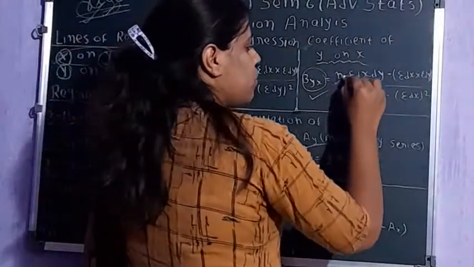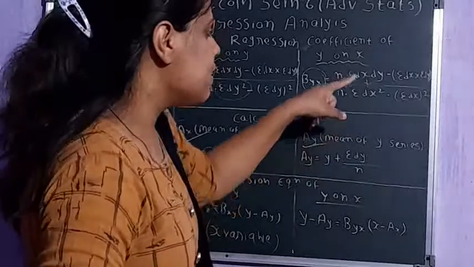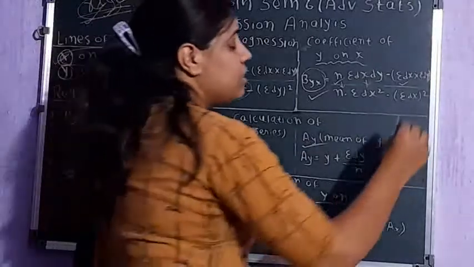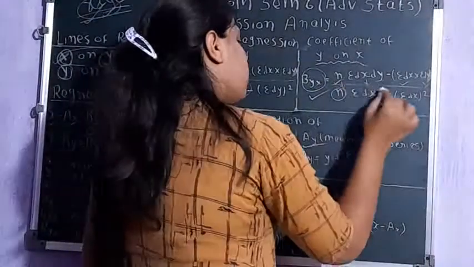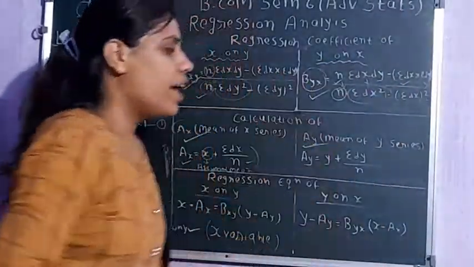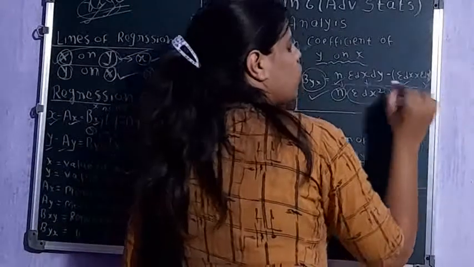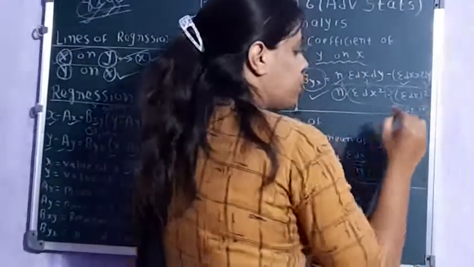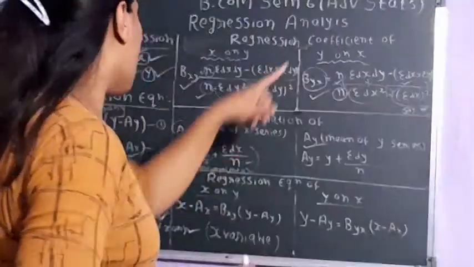Here n refers to the number of observations, summation dx dy refers to the total of the dx dy column, summation dx refers to the total of the dx column, and summation dy refers to the total of the dy column. Again n refers to the number of observations, summation dx square refers to the total of the dx square column, and summation dx whole square refers to the value of summation dx into summation dx. This way we get the regression coefficient for the regression line y on x.